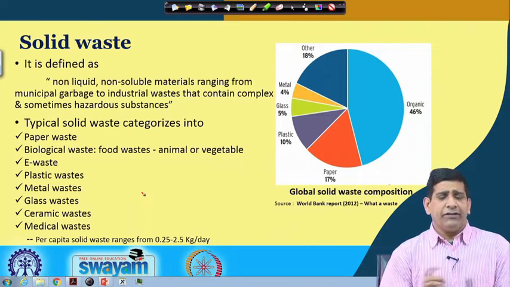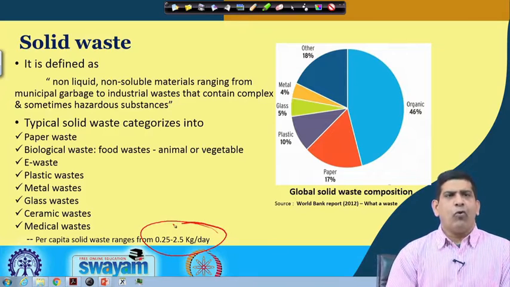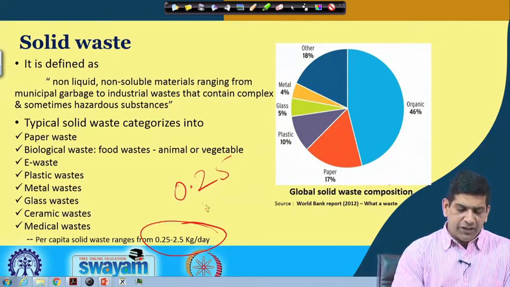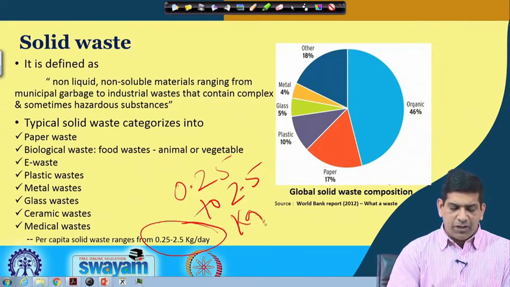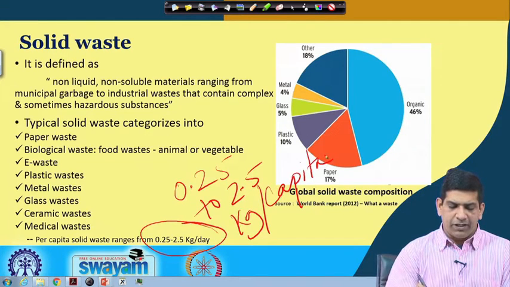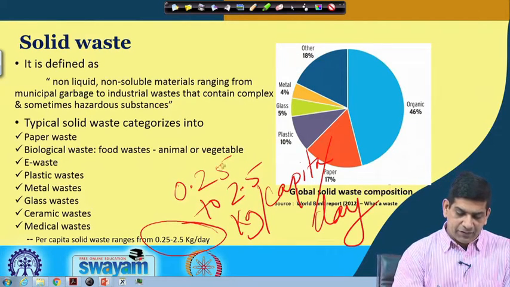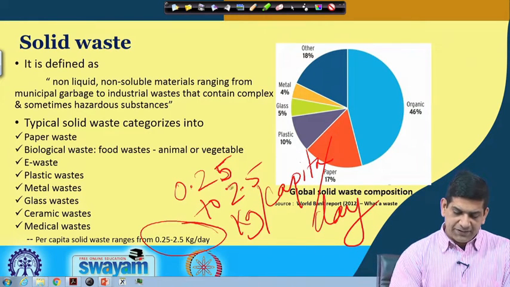So in general, if you think about the waste that is produced, it ranges from 0.25 to 2.5 kg per person per day. Many times we use the term per capita per day. So this is the range.